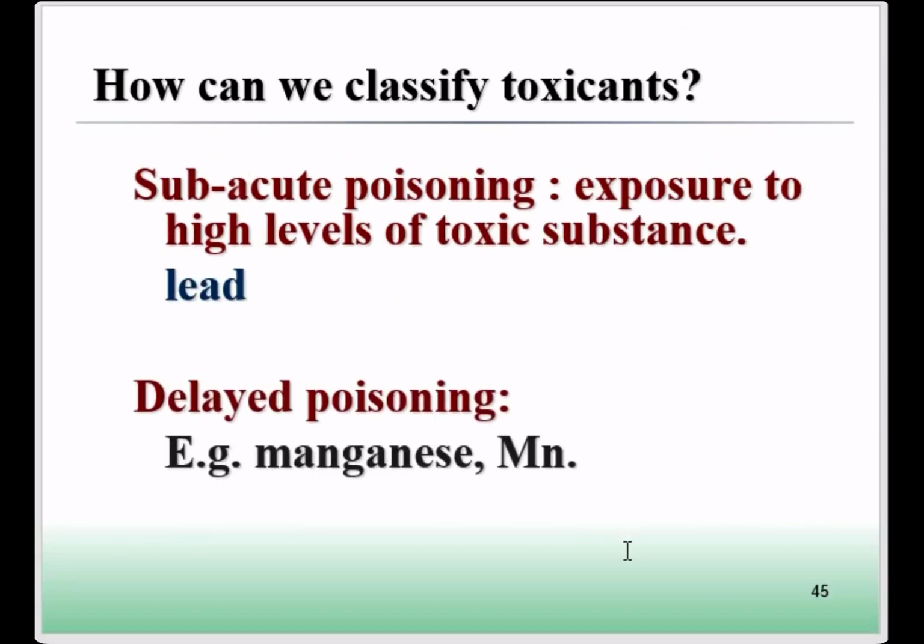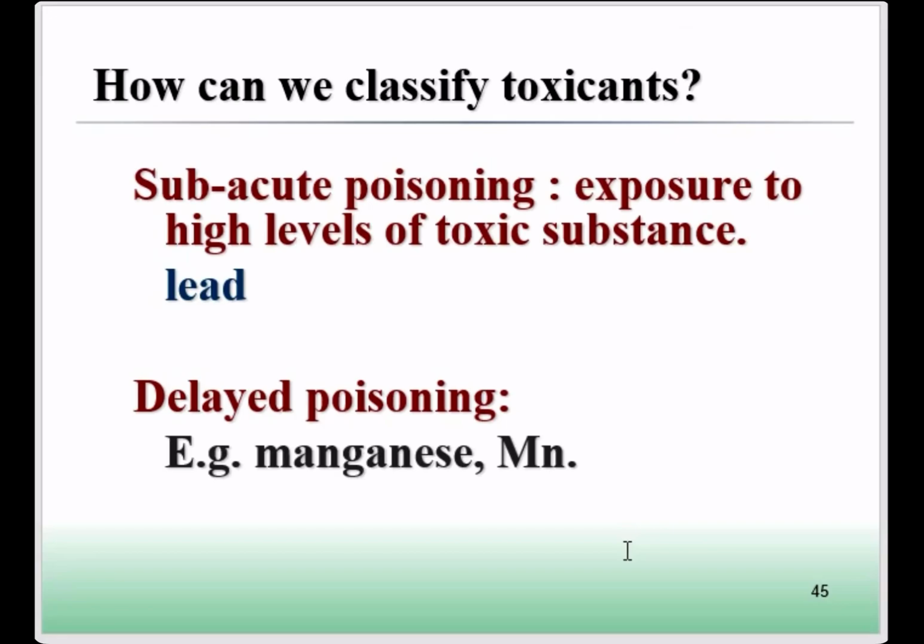And between them, we also have another type of poisoning. That is subacute poisoning. Subacute poisoning is exposure to high levels of a toxic substance, but it won't take a long time. It is not acute, so that's called subacute. For example, lead poisoning. And we also have another poisoning called delayed poisoning.